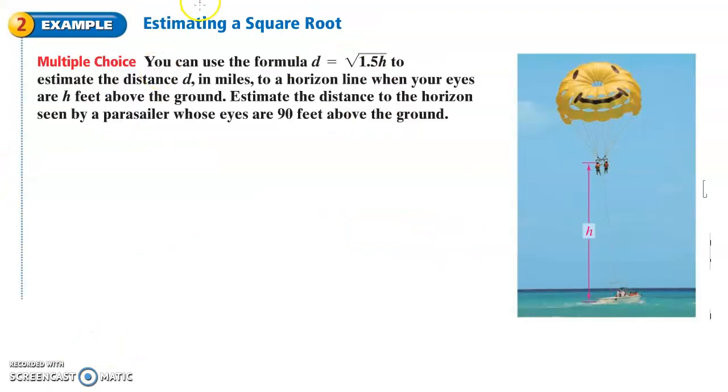Now, not every problem that we will work with will deal with perfect squares every single time. Like in this example, they said you can use the formula d is equal to the square root of 1.5h, and they give you a bunch of information. It says estimate the distance, so we're going to try to solve for d. We don't know what d is. But they do tell us the h value is 90 feet.